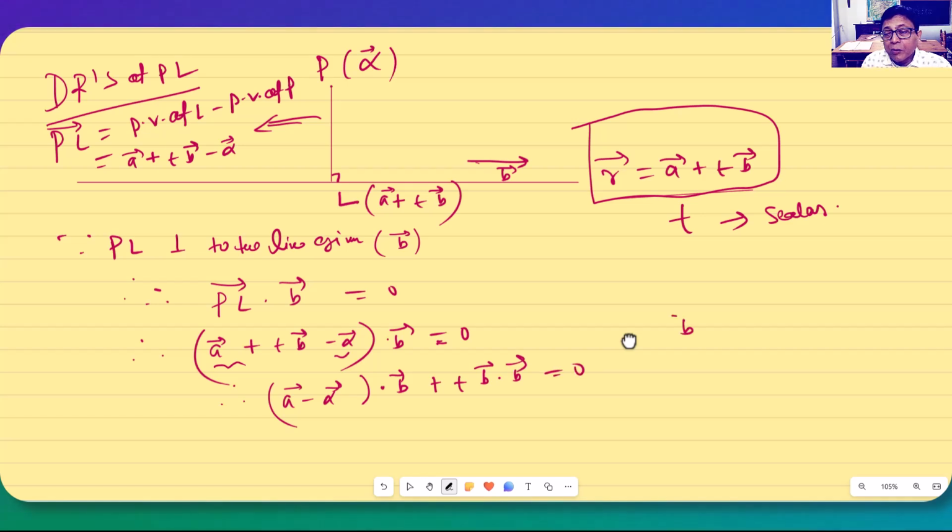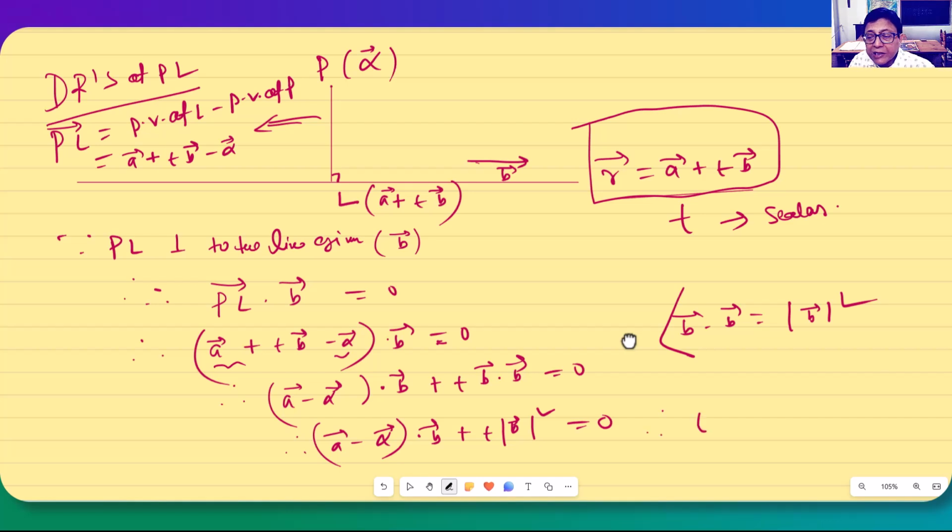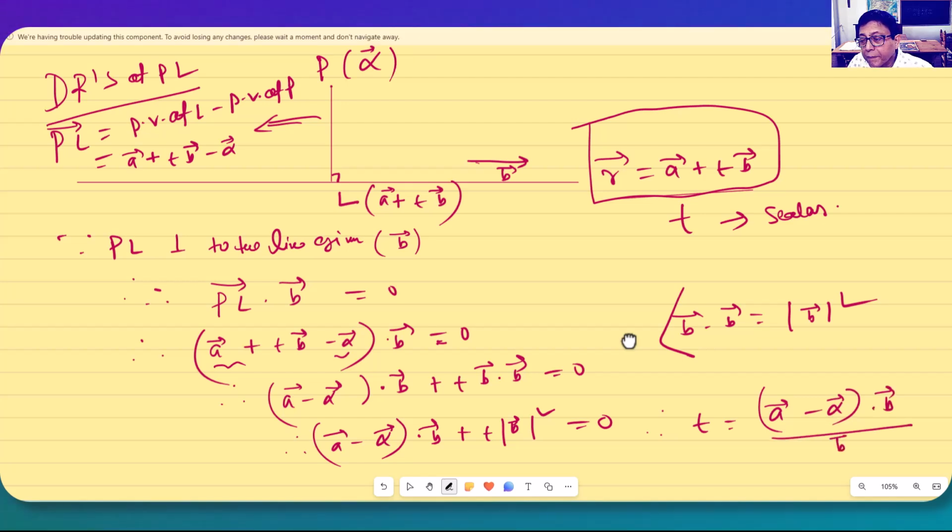B dot B is what? B dot B is nothing but mod B square. So therefore, A minus alpha dot B plus T into mod B square is 0. So T is what? A minus alpha dot B by mod B square.